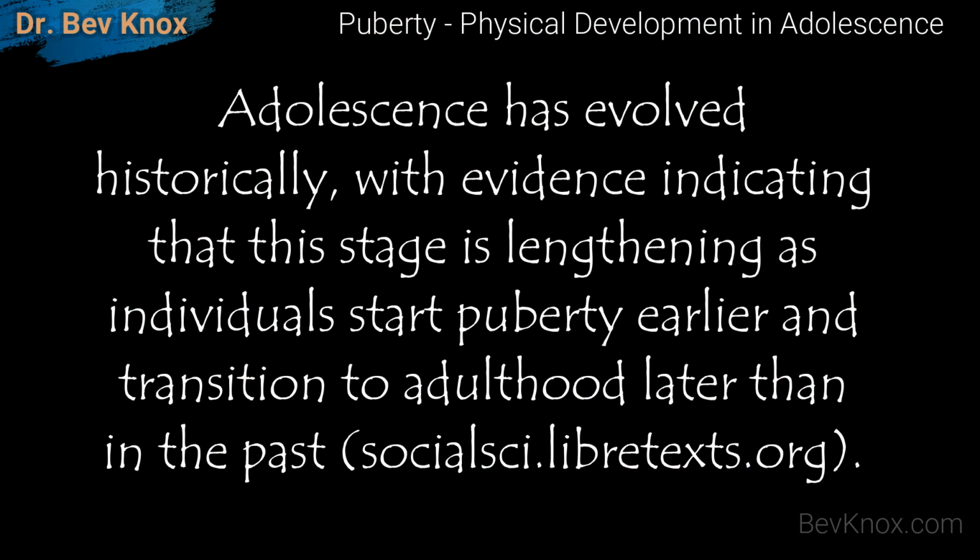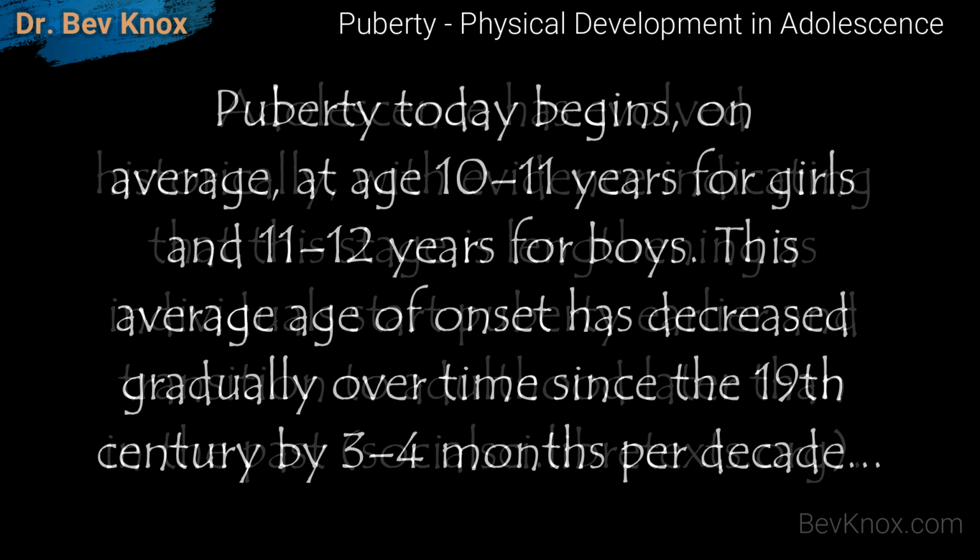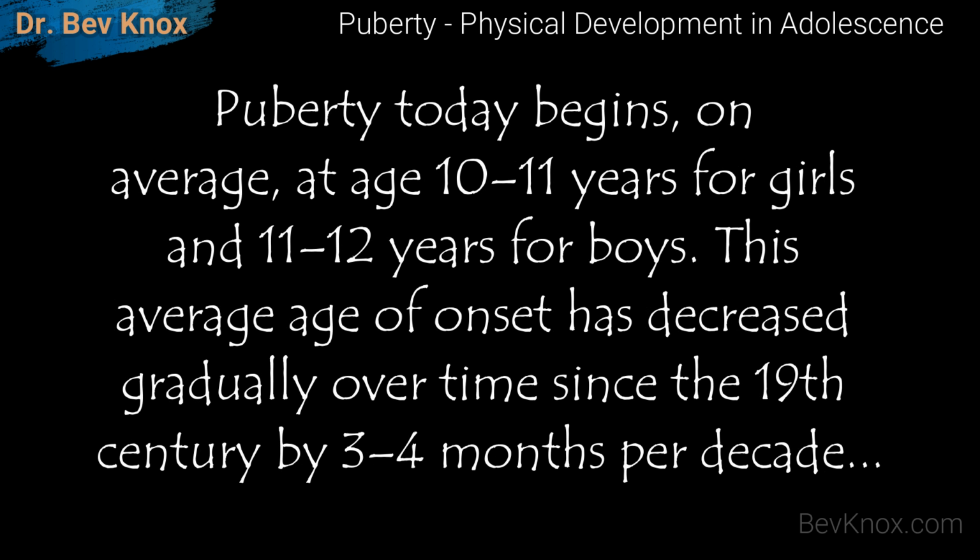Adolescence has evolved historically, with evidence indicating that this stage is lengthening as individuals start puberty earlier and earlier and transition into adulthood later than in the past. Puberty today begins on average at about 10 to 11 years for girls and 11 to 12 years for boys.